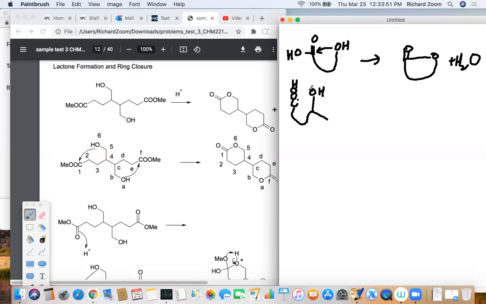I think it might be easier just to show a more schematic diagram, if you will.